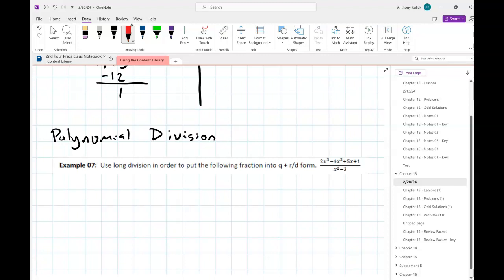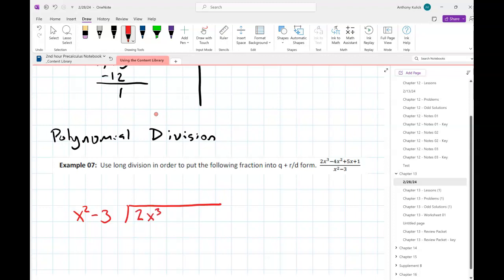So this is going to set up just like regular division with numbers. So I'm going to draw my division bar. The divisor is the denominator. That goes on the outside of my division bar. Everybody remember that? The numerator is my dividend.